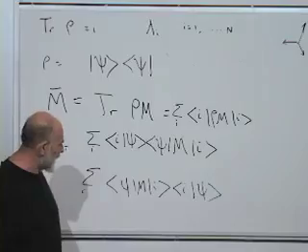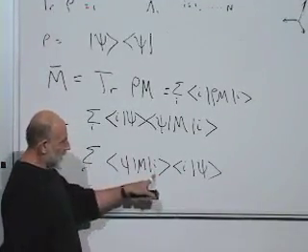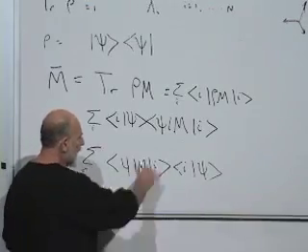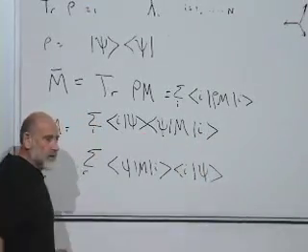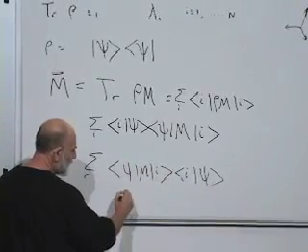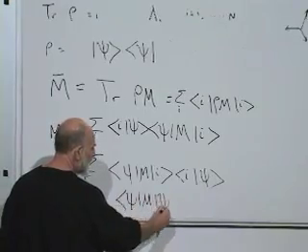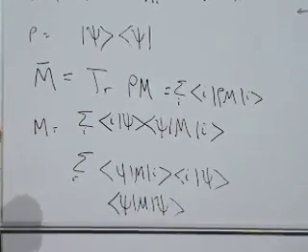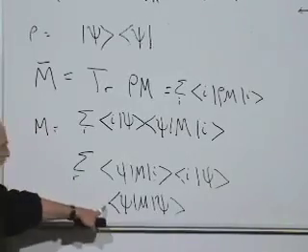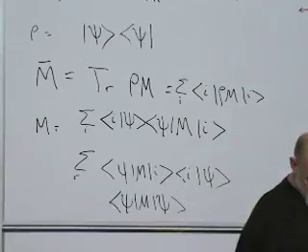That's the unit operator. The sum of |i><i| is the unit matrix. It can always be canceled out. It makes no difference. You can just remove it, and the result is <psi|m|psi>. Well, that's not too surprising. The average of m is the expectation value of m if you have a pure state.